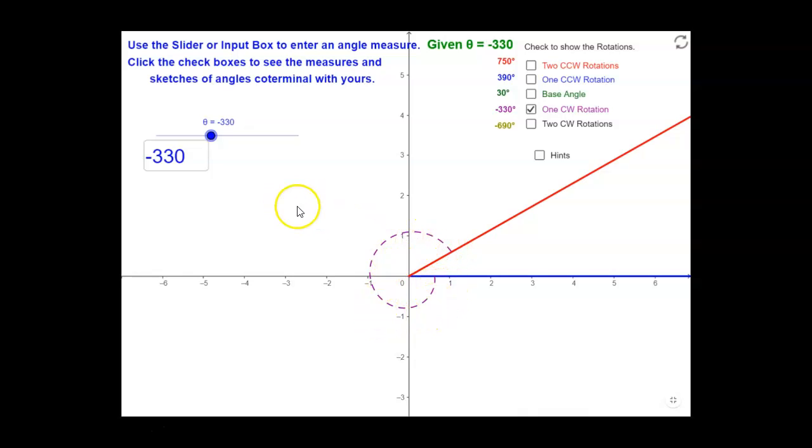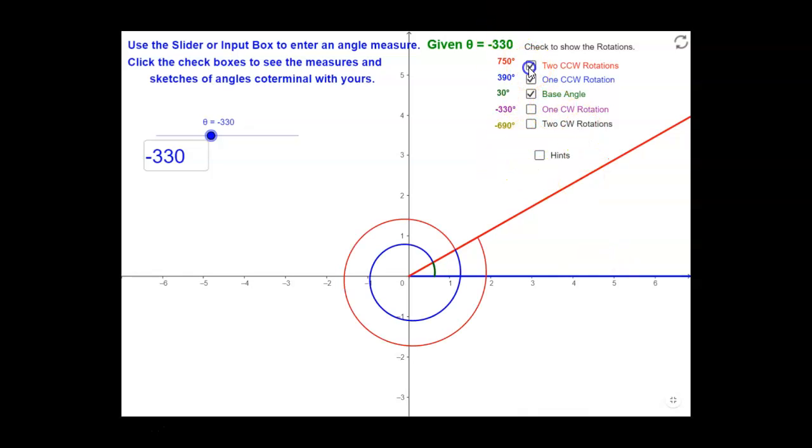So if I want a coterminal angle, to unwrap that, I'm going to add 360. If I add one 360 to it, I get a 30-degree angle. So 30 and negative 330 are the same thing. If I add another 360, these are all the angles up here, the 750, the 390, the 30, the negative 330, the negative 690.